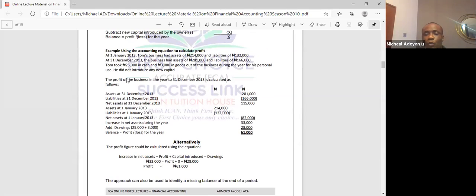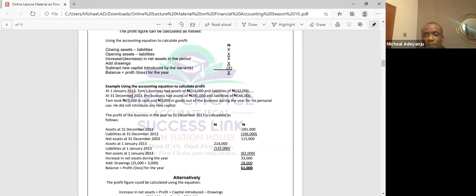So we have closing net assets. What's our closing net asset? At December 2013, the business had assets of 281,000 and liability of 166,000. So if you take your asset minus your liability, remember I said that asset minus liability is called net asset.